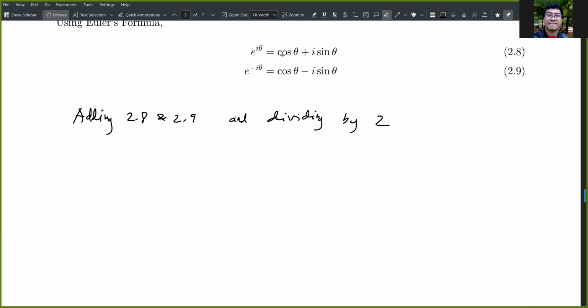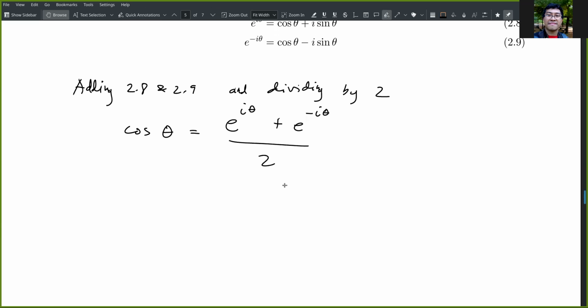So we add this, we get 2 cosine θ, divide by 2, so we can write cosine θ equals e to the power of iθ plus e to the power of minus iθ divided by 2.